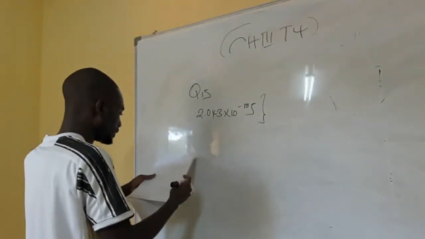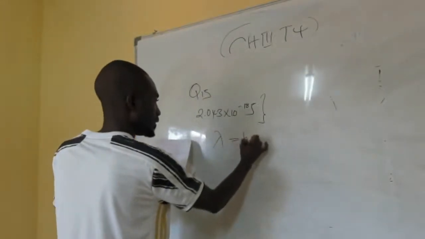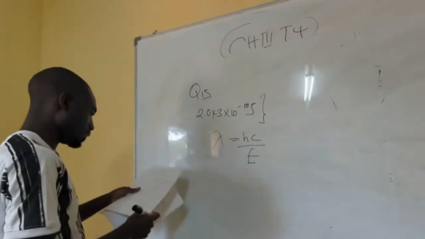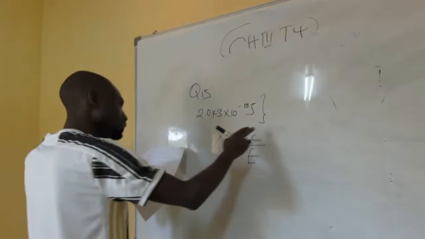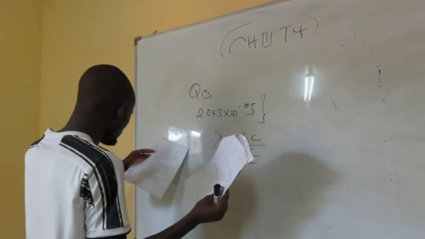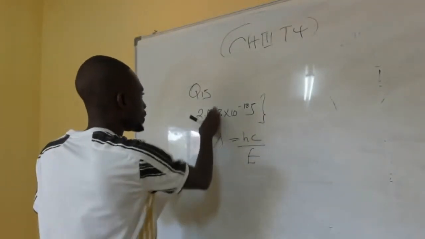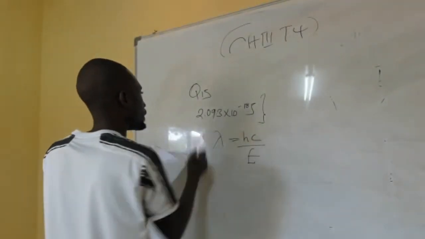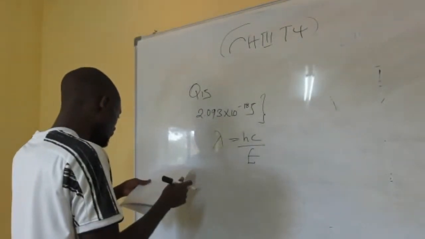Then you say lambda equals hc over E. You know Planck's constant, and you know the energy which they have given you. Sorry, it should be 9 there. Then you substitute.